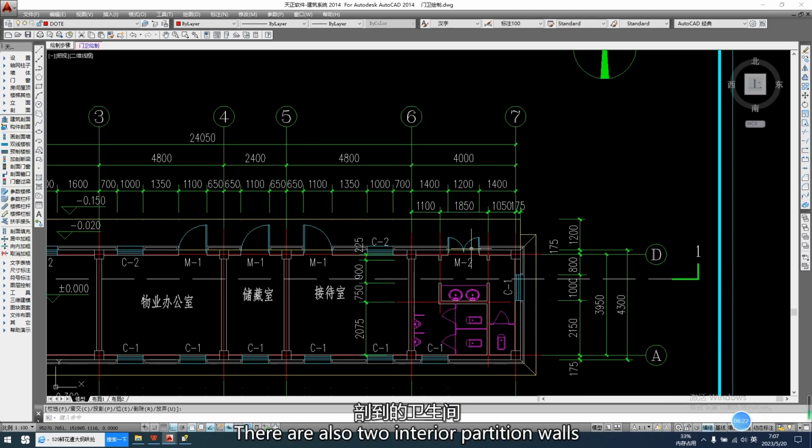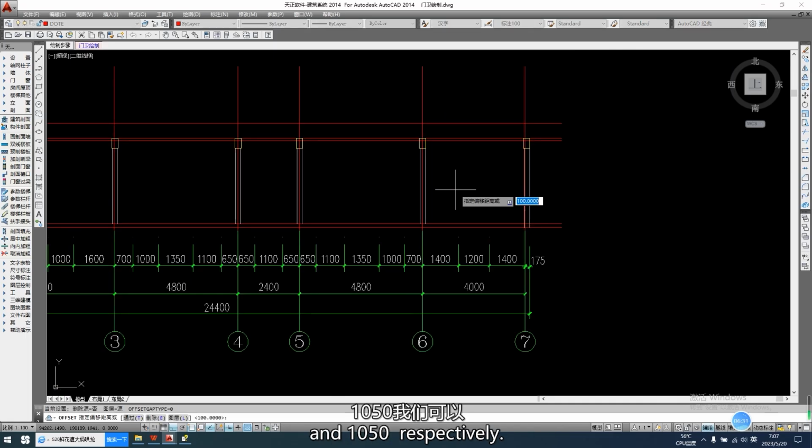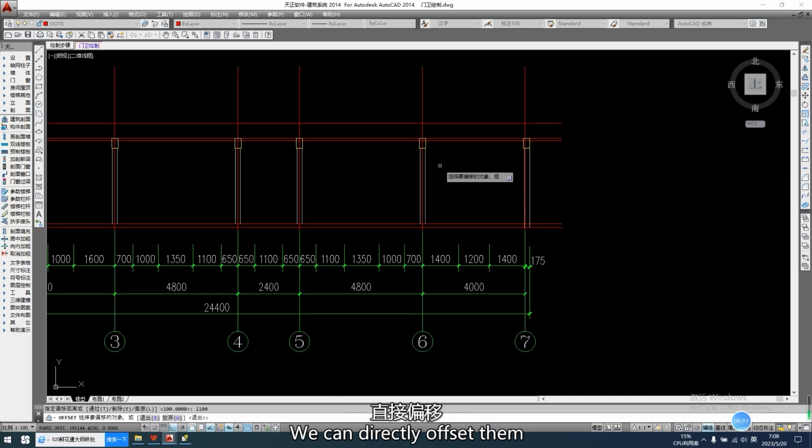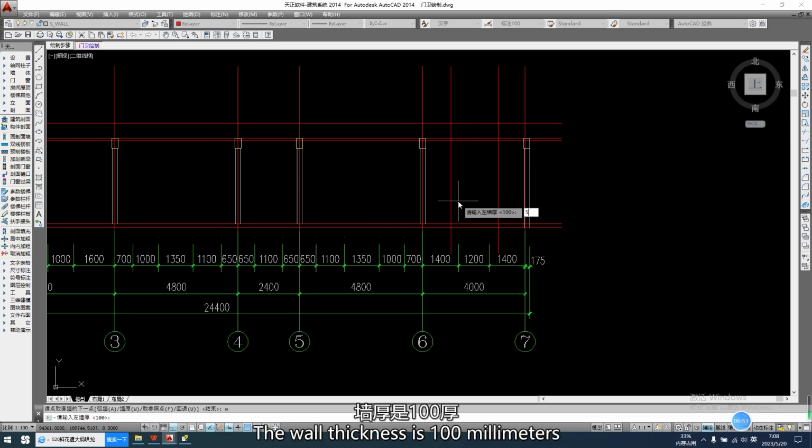There are also two interior partition walls in the sectioned bathroom. Their positions are 1.1 meters and 1050 respectively. We can directly offset them. The wall thickness is 100 millimeters.